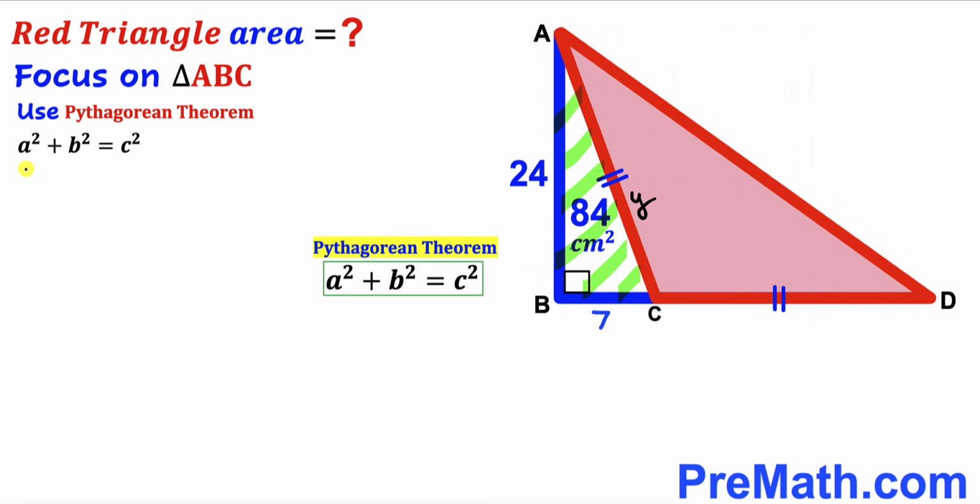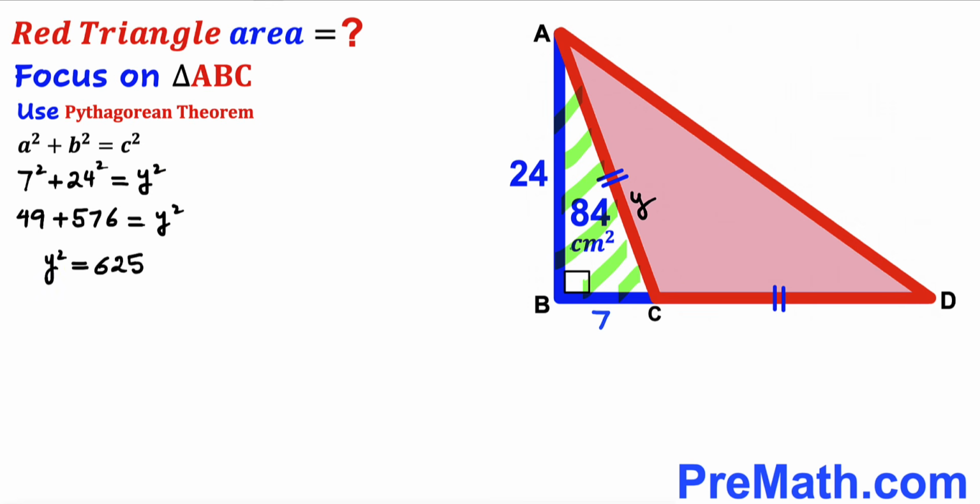Let's fill in the blanks in this Pythagorean formula. So we got 7 square plus 24 square equals y square. Now I am going to undo this square by taking the square root on both sides. So our y value simply turns out to be 25 centimeter.